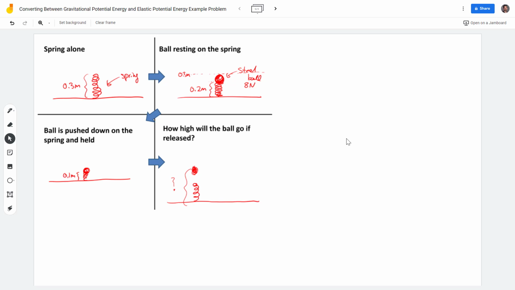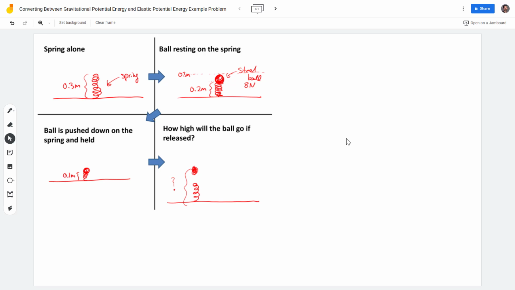That steel ball has pushed on the spring. Now let's push the spring down a little harder with our hand, and so the spring is now 0.1 meters. Well, now the force in the spring is greater than the weight of the steel ball, right? Because we've actually forced it down.